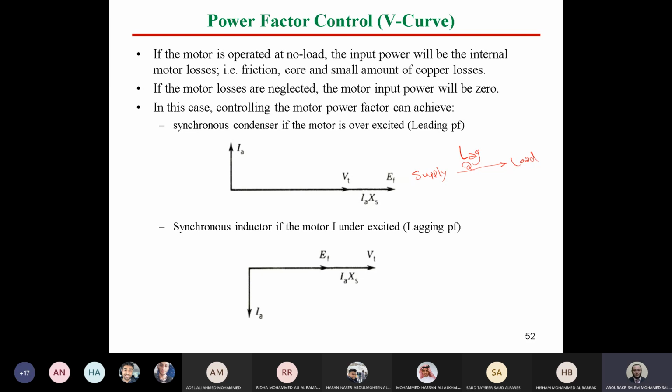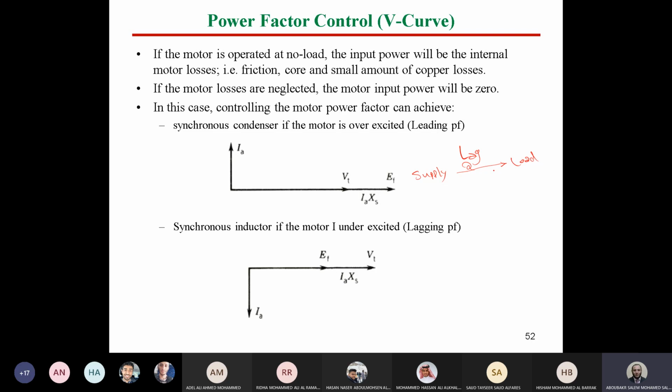Now, if the machine is working as a generator, which is a supply, and the machine is lagging, it means the generator is delivering reactive power to the load. But if the machine works as a motor, which is a load, and we say the motor is lagging, this means the motor is consuming reactive power.